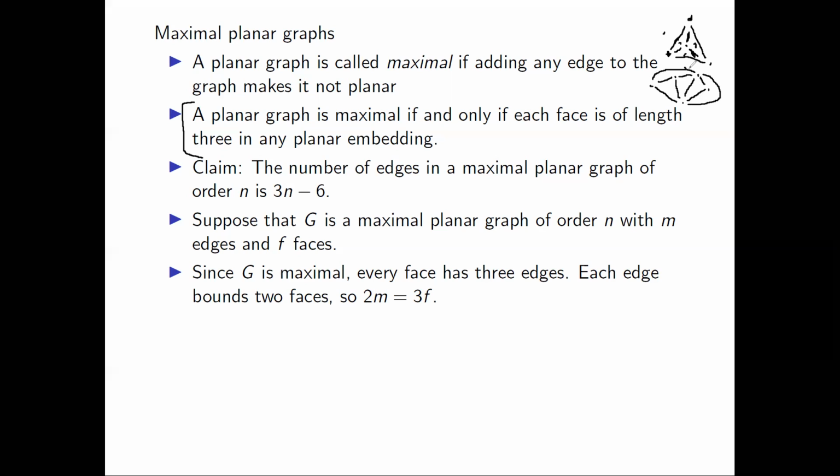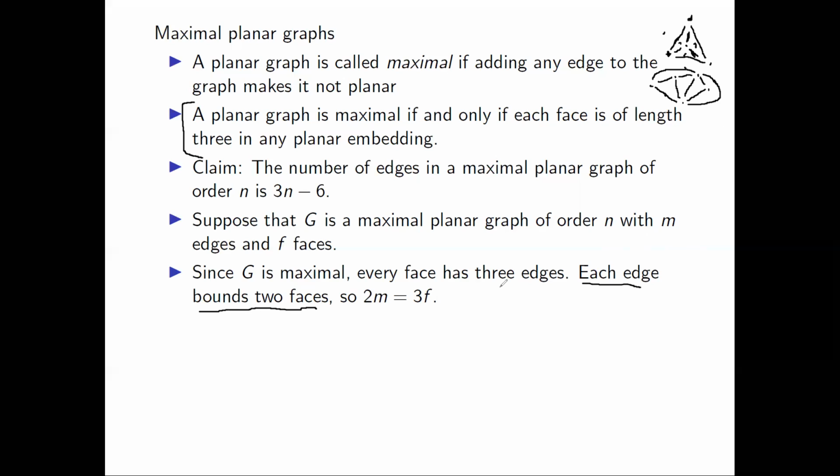So 1, 2, 3. So every face has 3 edges, and each edge bounds 2 faces. So clearly, any of the edges in the interior bound 2 faces. And the edges on the exterior, they also bound 2 faces. Each of them will bound an interior face and the exterior face. So any of the interior edges will bound 2 interior faces.